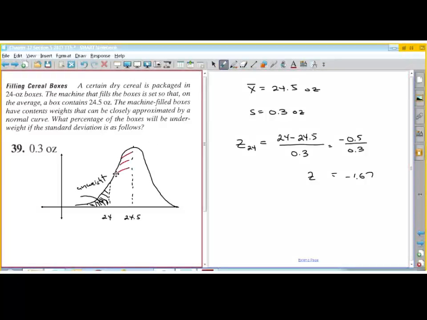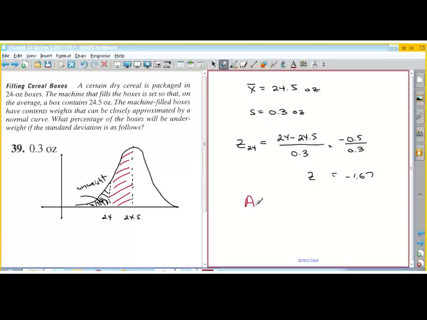So let's make a red crosshatch here. That's the area the curve is giving me. I'm going to use a positive 1.67 because the table doesn't go to negative. So I look up the area associated with z of 1.67, and I get 0.453. So the black area here is equal to 0.5 minus the red area.